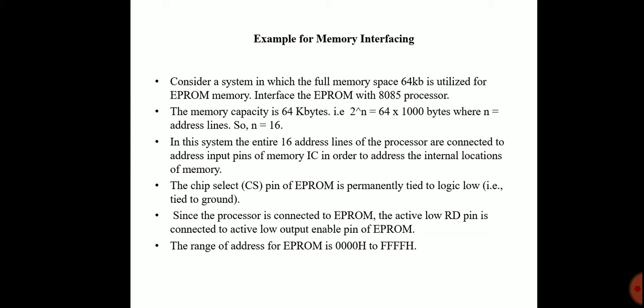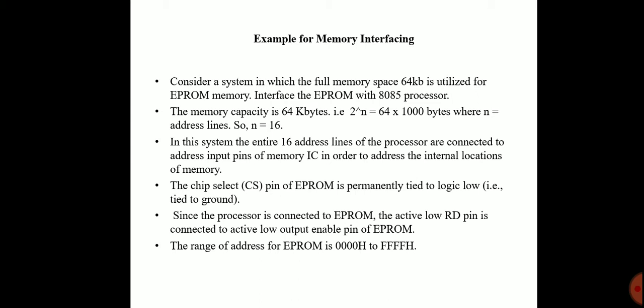Now next one, an example for memory interfacing. Consider a system in which the full memory space of 64 kilobytes is utilized for EPROM memory. Interface the EPROM with the 8085 microprocessor. The memory capacity is 64 kilobytes, therefore 2 power n is equal to 64 into 1000 bytes, where n is the number of address lines. So n is equal to 16. In this system, the entire 16 address lines of the processor are connected to the address input pins of the memory IC in order to address the internal locations of memory.